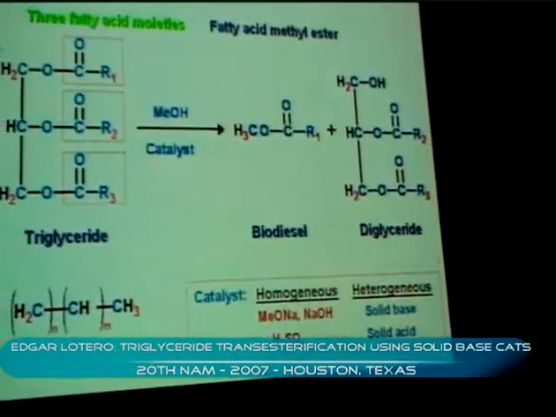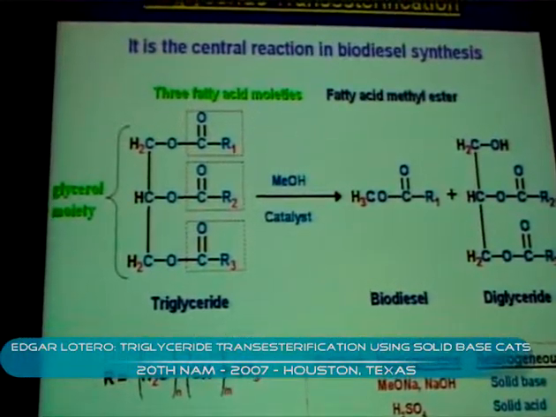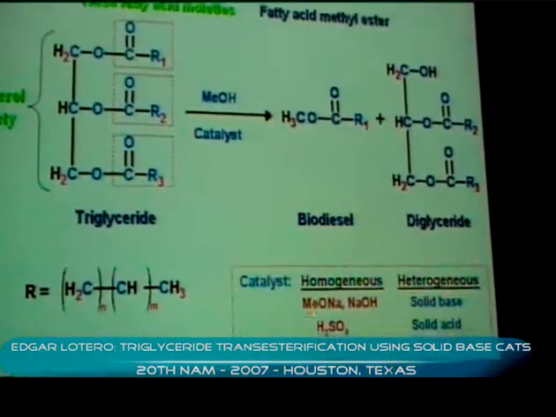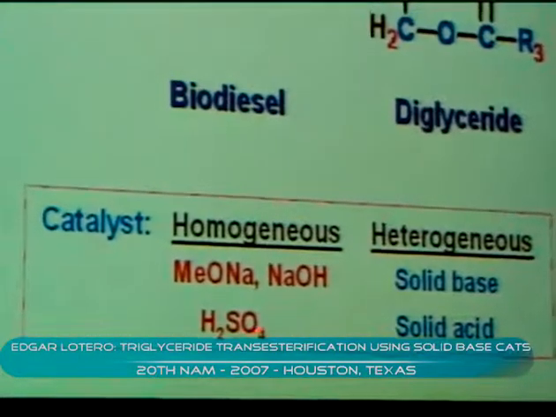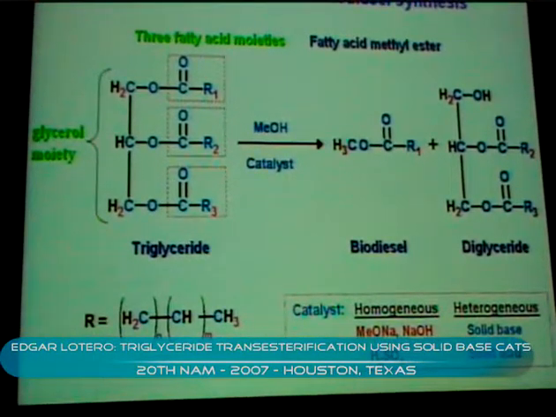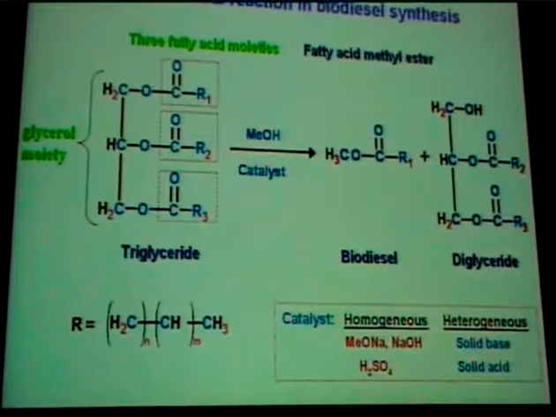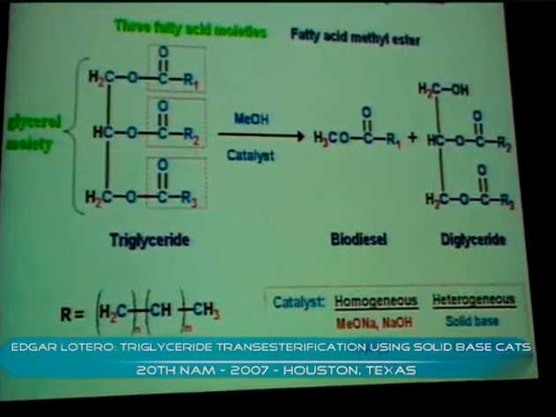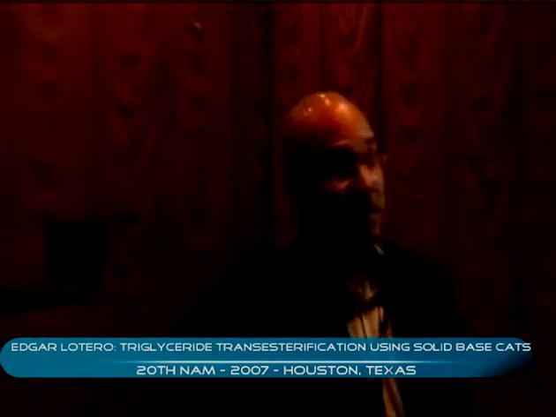And it requires a catalyst that can be a homogeneous catalyst or nowadays a heterogeneous catalyst. The catalyst can be base or it can be acid. In the homogeneous case, you use NaOH, sodium methoxide, potassium methoxide, and sulfuric acid for esterification. But, well, mostly for esterification, but it can be used also for transesterification. There are different solid bases and acids right now that people are trying.